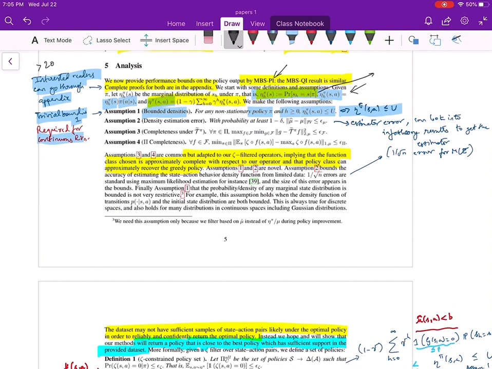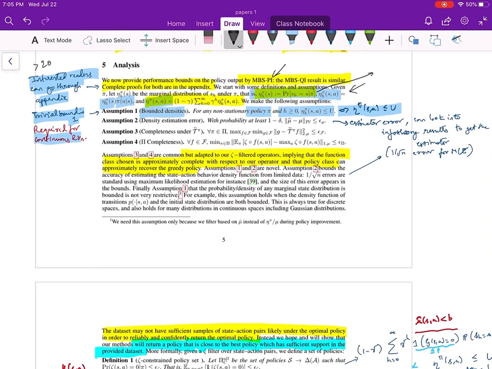In general, PDF can be defined, okay, probability density function. So yeah, just keep that in mind. So as you can see, the assumption is also named after densities.